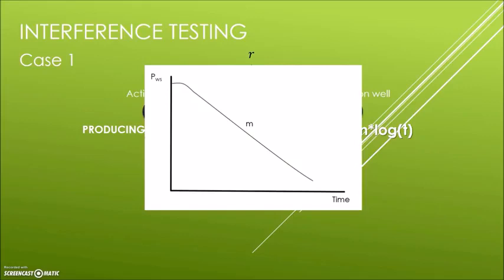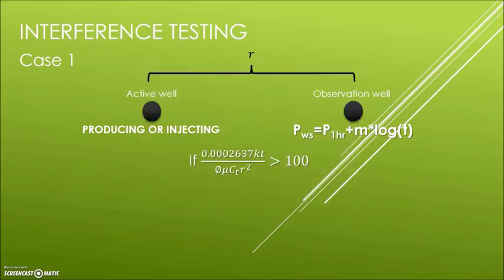From this graph, you should be able to calculate the gradient M of the straight line region. Next, you can calculate K, the permeability, using the equation 162.6 times the flow rate times mu times B over the gradient times H.